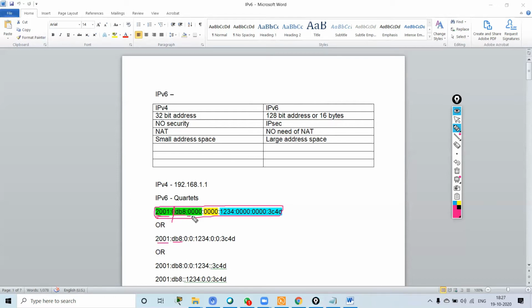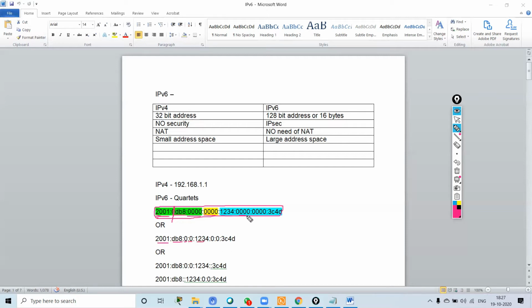And for all-zero quartets, if the quartet is full of 0, then you can write just one 0. Instead of writing 4 zeros, I have written only one 0. And here also there are 4 zeros in the quartet, I wrote only one 0. Now this I cannot change anything: 1 2 3 4.